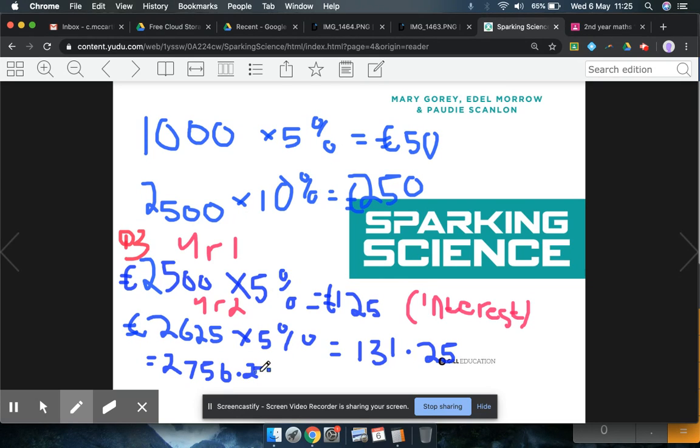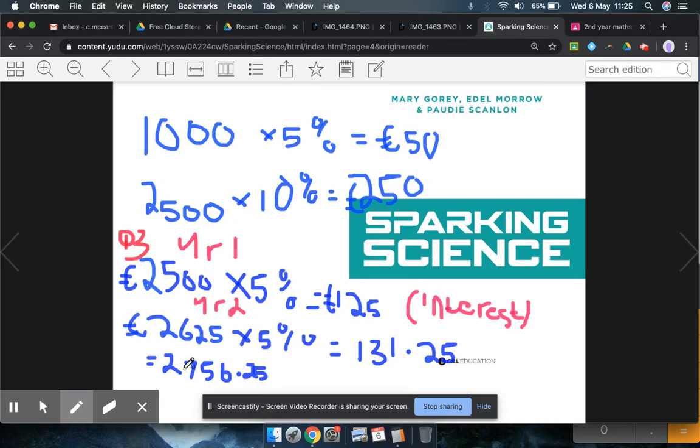I don't have space for the euro symbol there. So that is how you work out the interest earned and the final money in your account each year if you're investing.